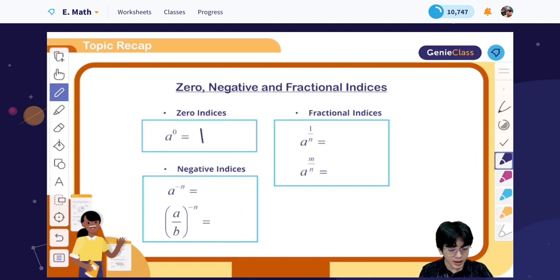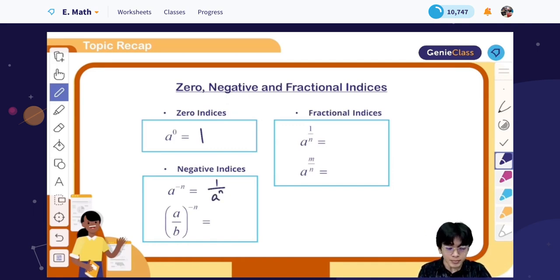Next, negative indices. Just now what did I say? Division means negative indices. So if you see negative indices, it means that you are dividing by a^n. So that means it will be 1 over a power n.